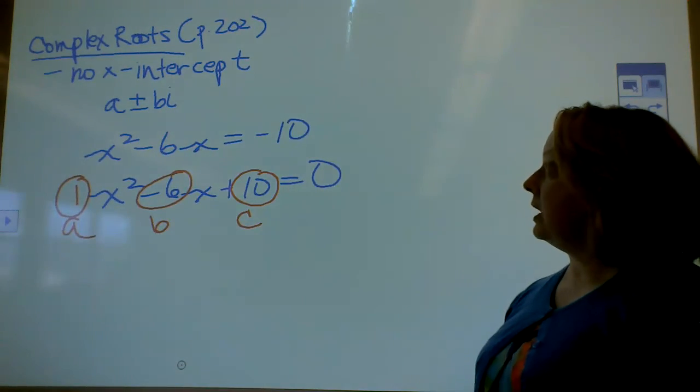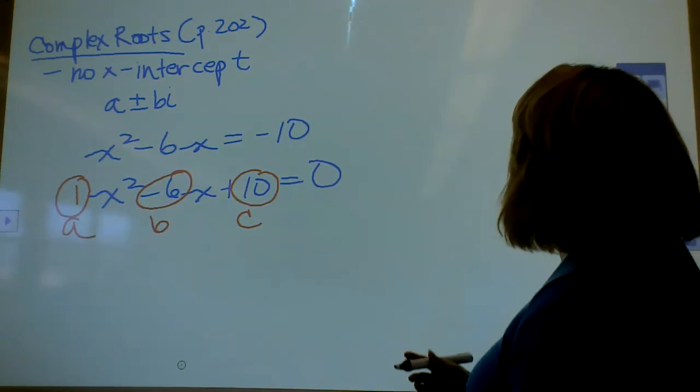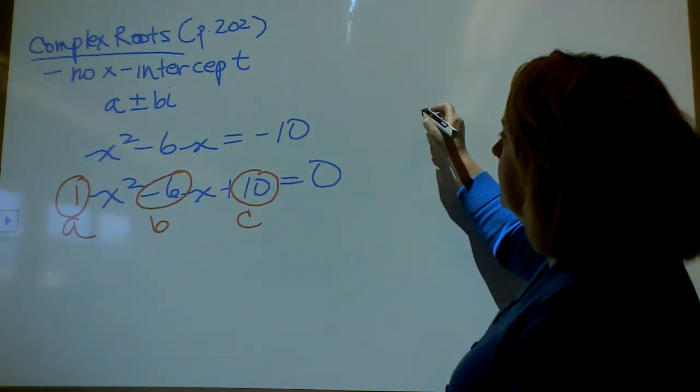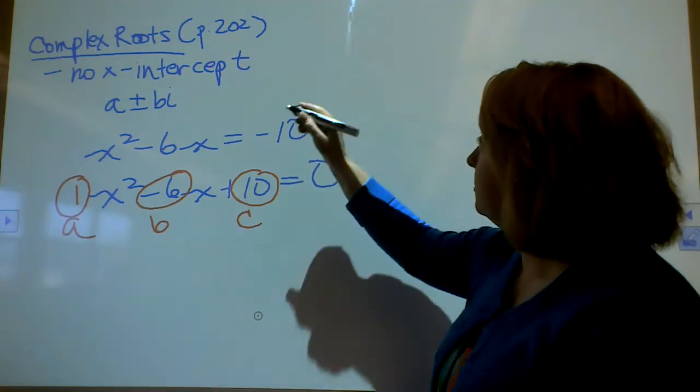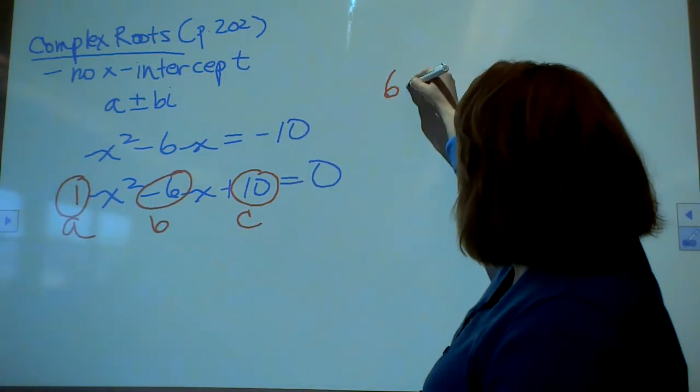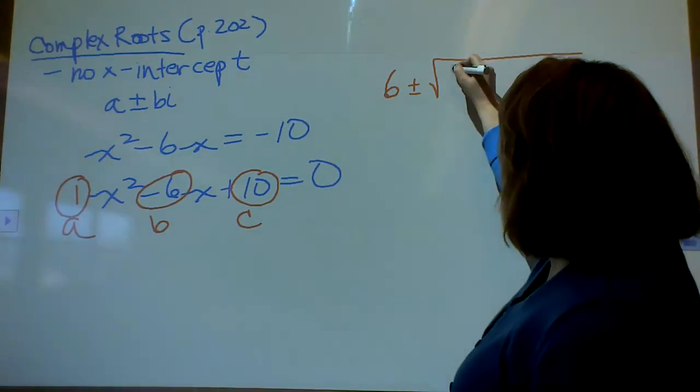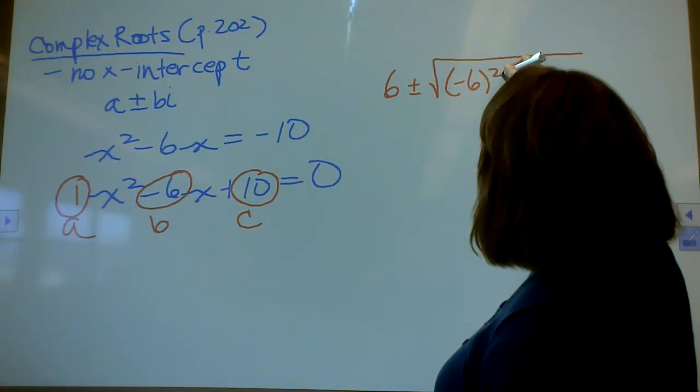Our next step is to plug it into the quadratic formula. So we get the opposite of negative 6, which is 6, plus or minus the square root of negative 6 squared. You have to put in the parentheses here.